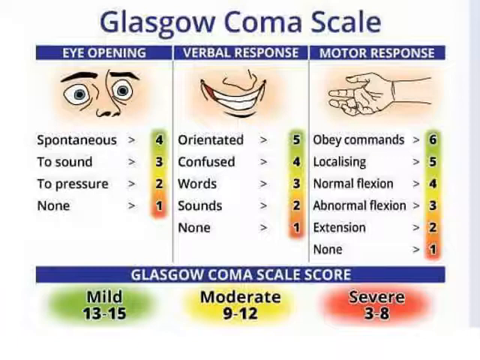Then we sum up those numbers, which gives us a grade of traumatic brain injury, with mild being 13 to 15, moderate 9 to 12, and severe 3 to 8. A critical threshold is 8, meaning that a person with a GCS of 8 or less has a severe traumatic brain injury and is clinically in a coma.